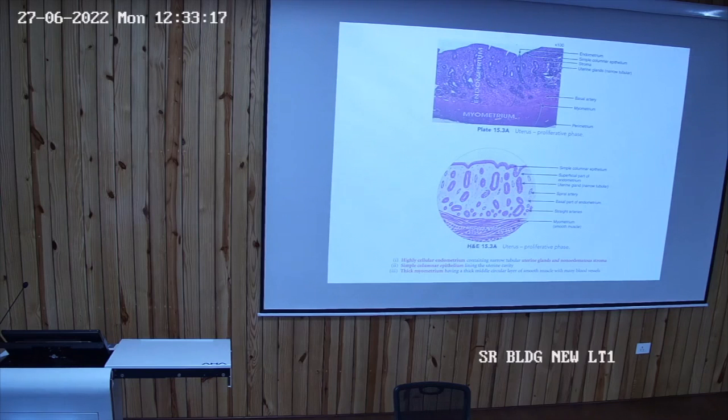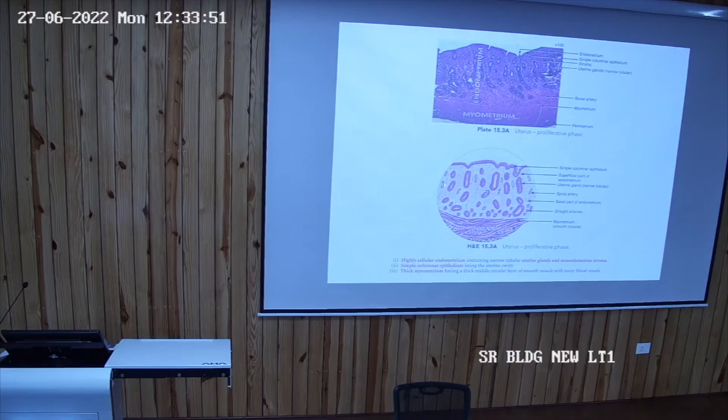But if we take a section of the uterus in two stages, the slide of the uterus is in two stages. One is the proliferative phase. In the proliferative phase, look here, there is simple columnar epithelium, and the lamina propria shows glands.